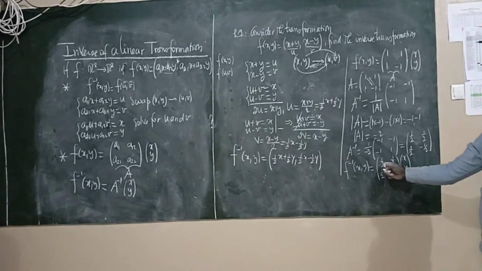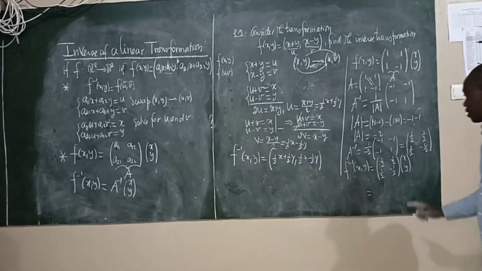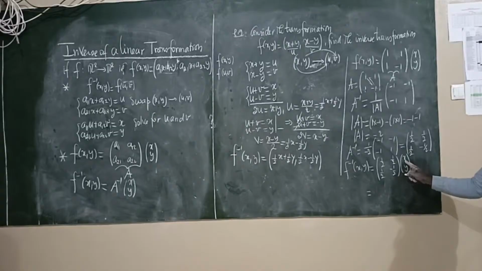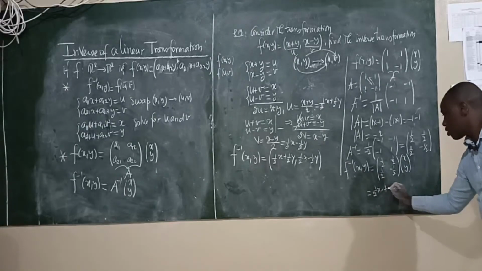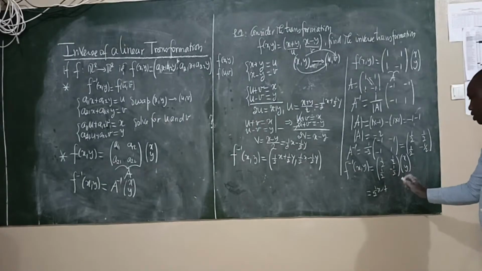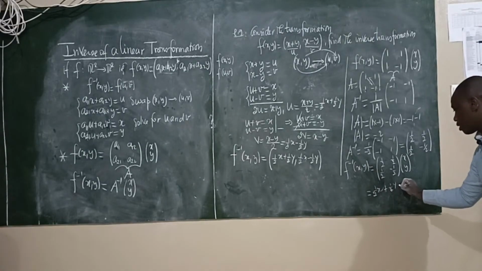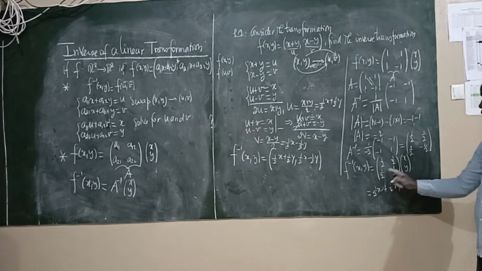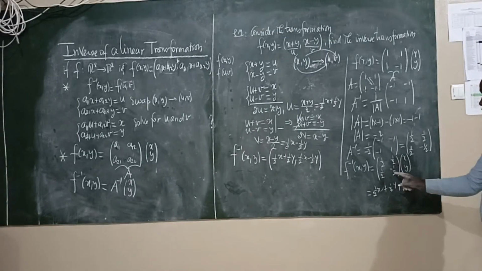We'll be having row 1 dot column 1. This is going to be this half multiplied by this x to be 1/2 times x plus this 1/2 multiplied by y, to be a half of y, comma, this multiplies x, we have a half of x, this multiplies this, we have minus a half of y, guys.